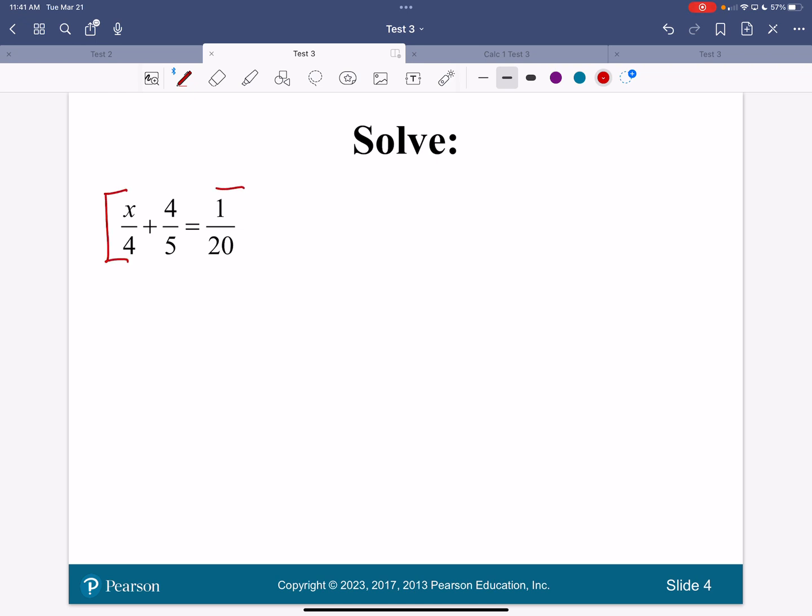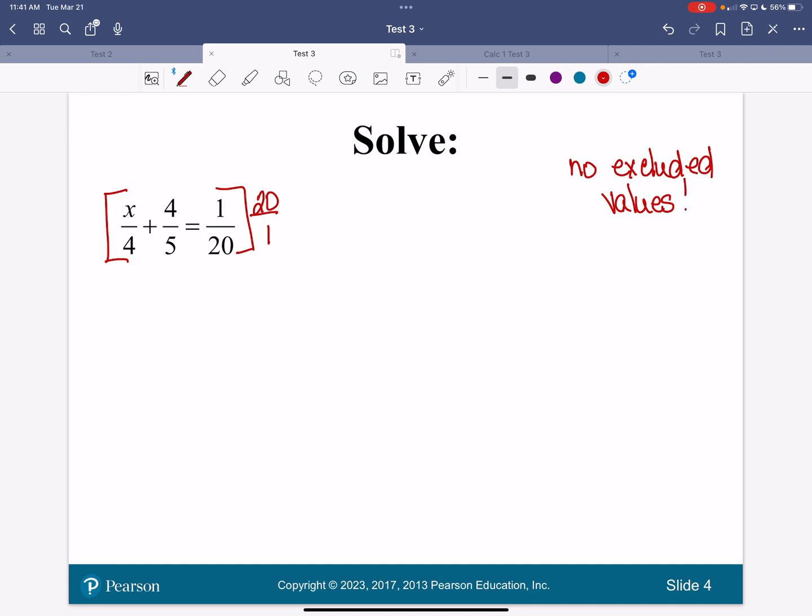Now, are there any excluded values in this problem? There are no excluded values in this problem because we do not have any variables in the denominator. So the answer to this could be anything. There's nothing that would make this undefined because there's no variables in the denominator. So I'm going to write off to the side, no excluded values.